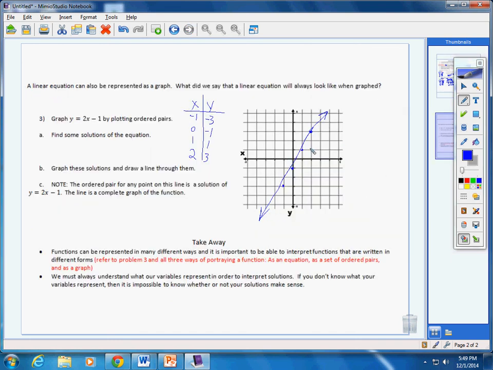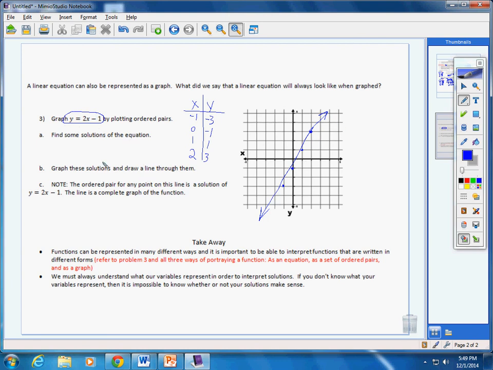But if you took a ruler and drew a straight line with your pencil through all those points, yeah, it would be straight. Those points line up perfectly straight. This is proof that this is a linear equation. If you graph this and you did not get a straight line, it wouldn't make sense.